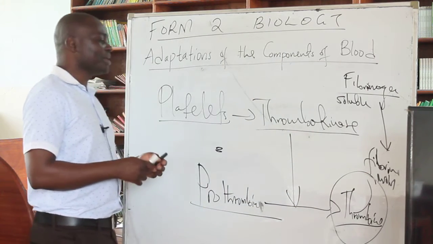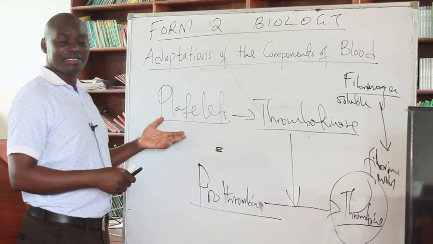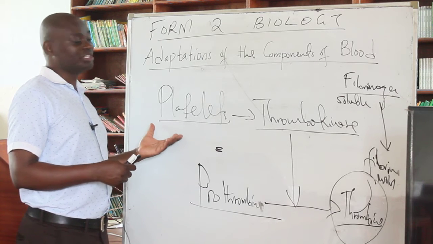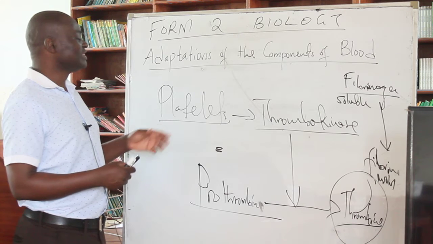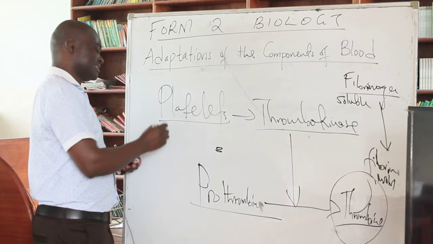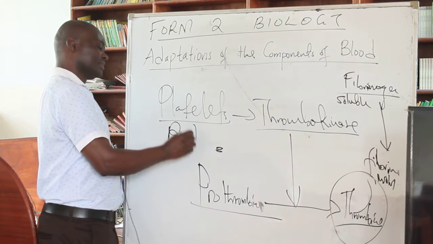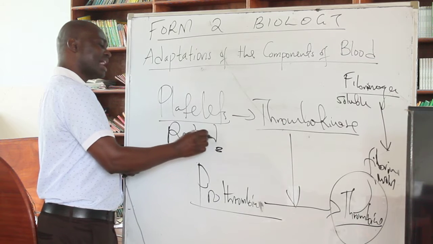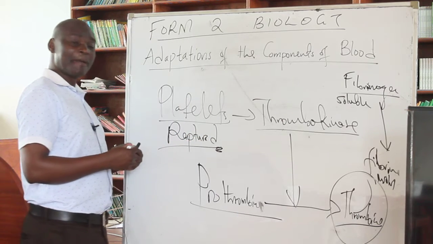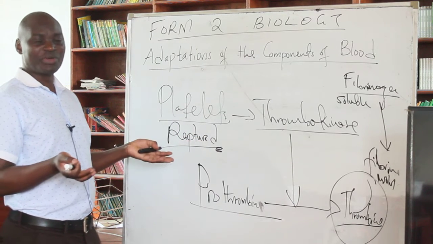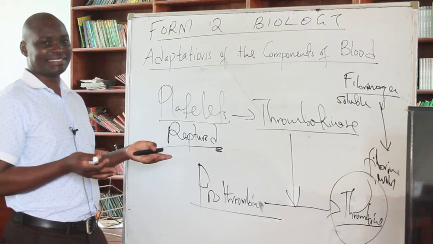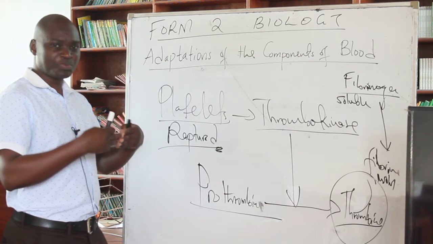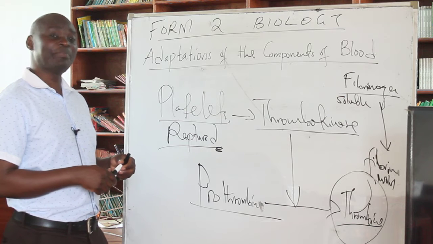So from there we can go back and look at the clotting process. During the clotting process, when blood tissues are injured and the platelets are exposed to the air, what happens?